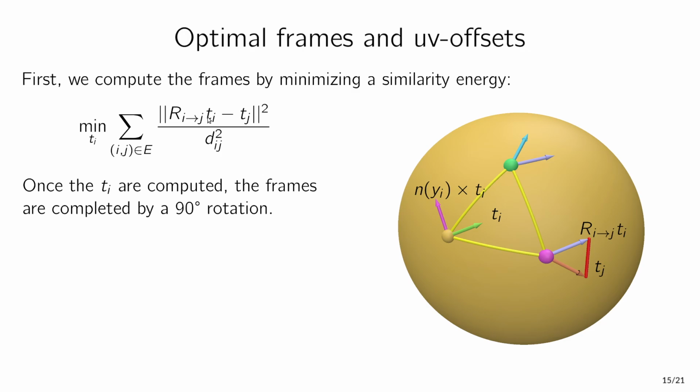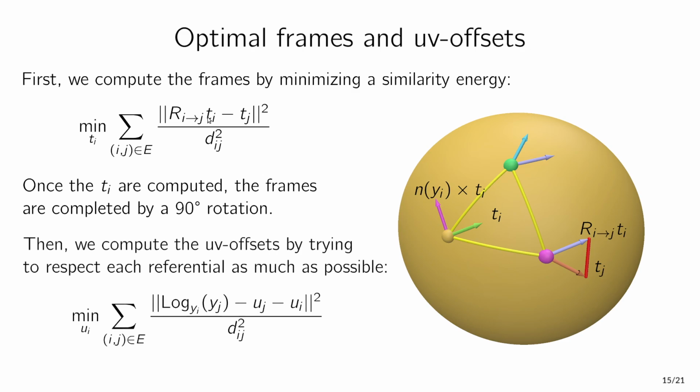Now we can compute the log map of each seed, and we are going to compute the UV coordinates very simply. The UV offsets are absolute coordinates. And so what we want to do is to fix their values such that the difference between those two absolute coordinates is as close as possible to the relative point of view that each seed has of its neighbor.